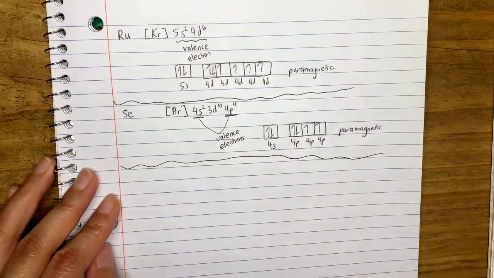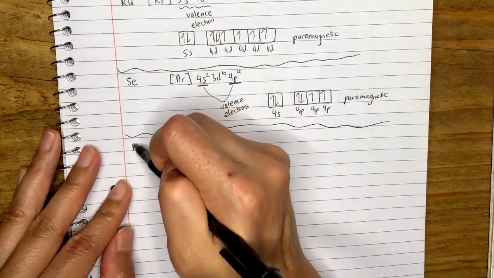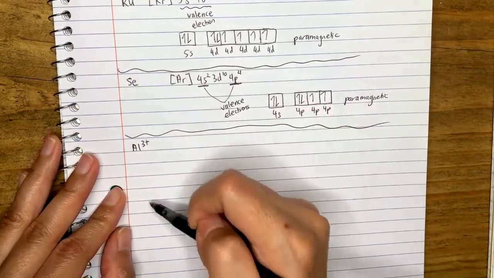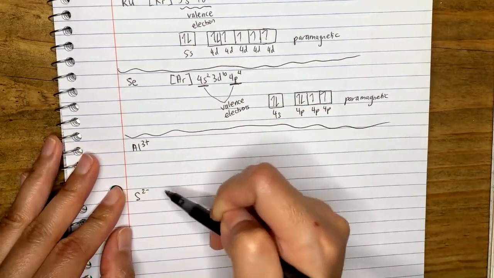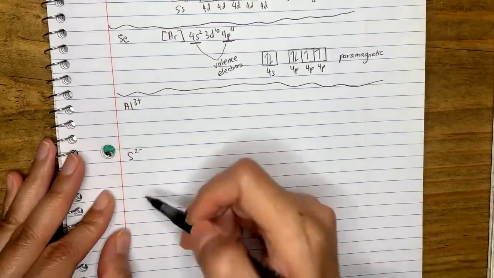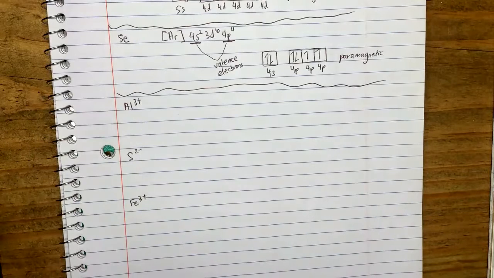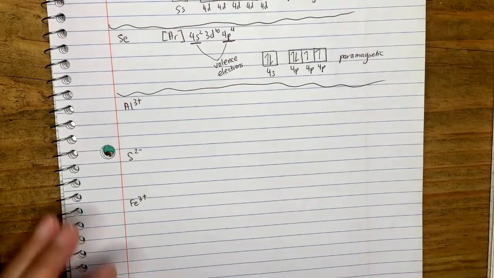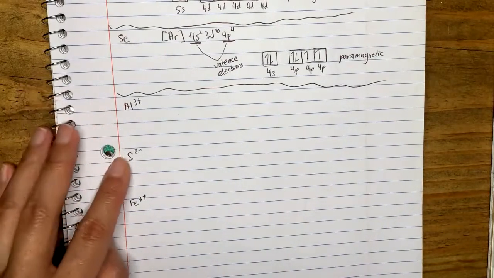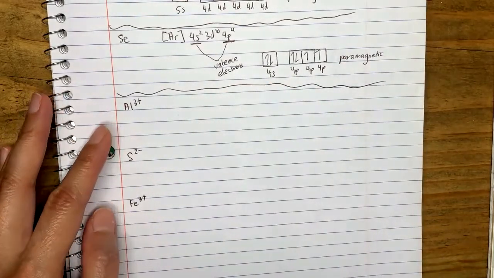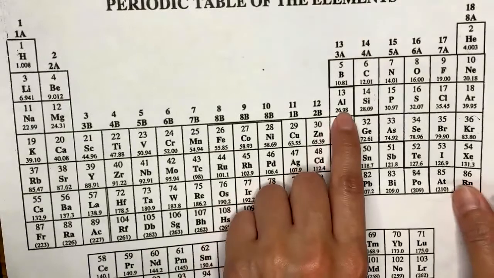Let's try with some ions this time. Let's look at Al3+, and then we want to do S2-, and then we want to do Fe3+. Okay, so let's see if they are paramagnetic or diamagnetic here. So aluminum 3+ is right here.